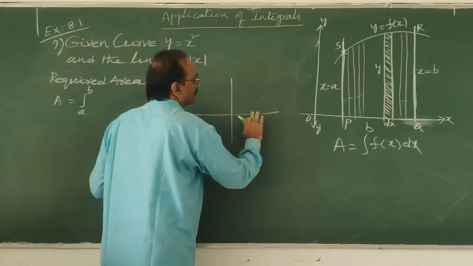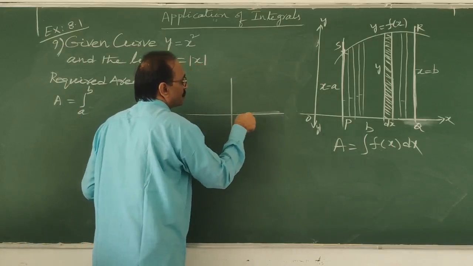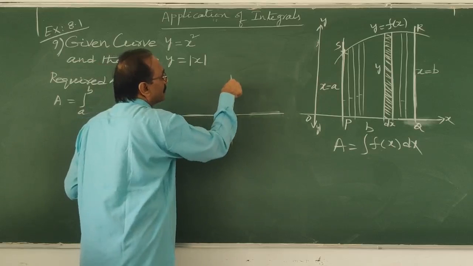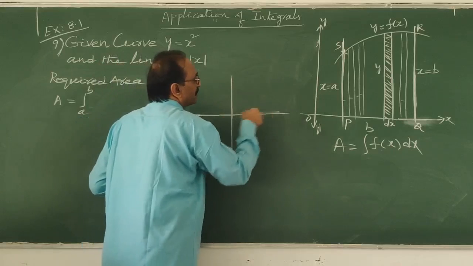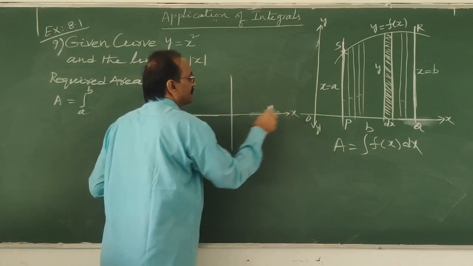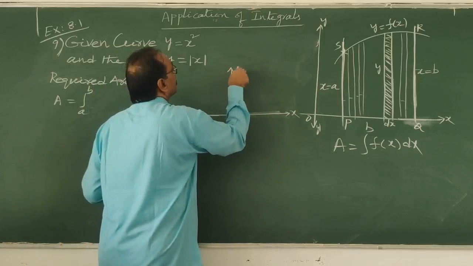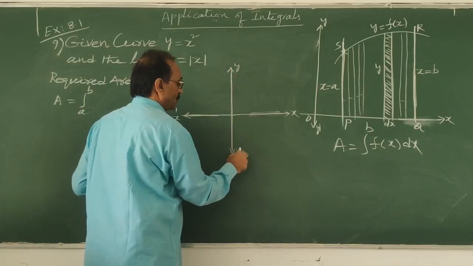Here like this, x axis, y axis as usual. This is x axis, this is x dash, this is y axis, this is y dash, this is origin.